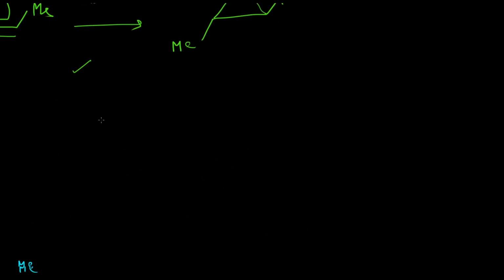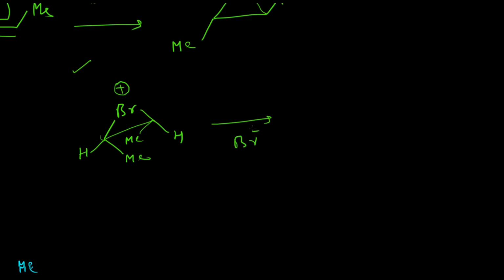let us consider the bromonium ion in a Sawhorse projection formula. So it will be the Sawhorse projection formula for the bromonium ion. After that, the Br minus, which is present in the reaction medium as a nucleophile, can attack from either this carbon center or this carbon center.